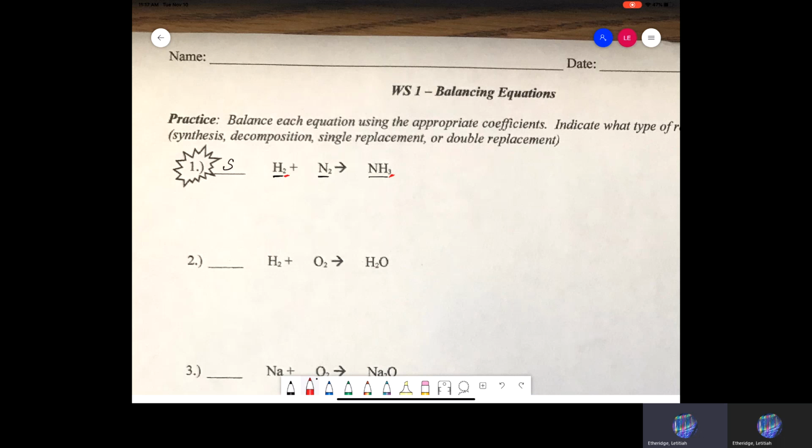You have hydrogen here with a subscript of 2. Great, go 3s and 2s. Okay, that is your balance for that equation. So if you want to break it down and check yourself, you have 2 nitrogen, you have 2 nitrogen, you have 6 hydrogen. You are balanced.